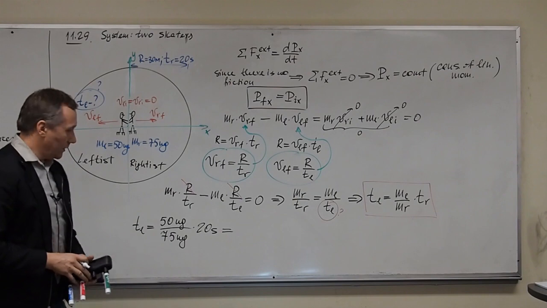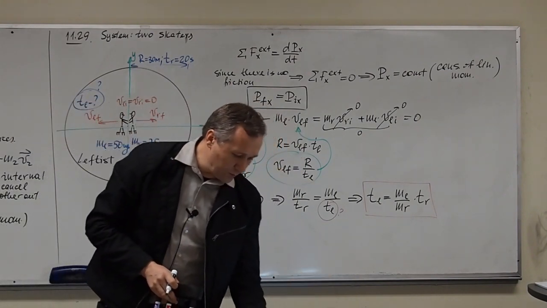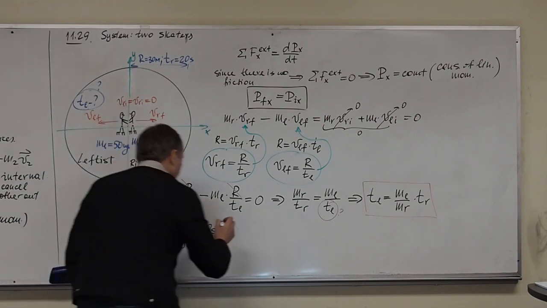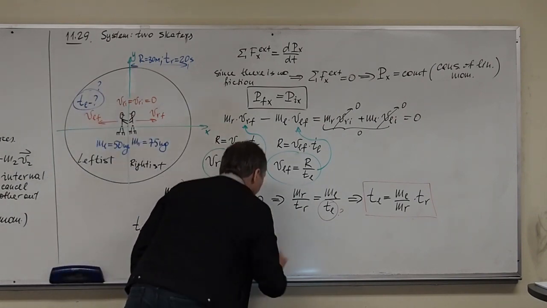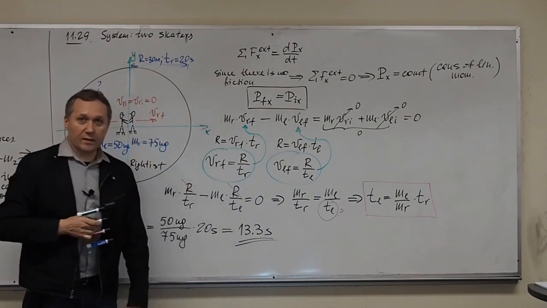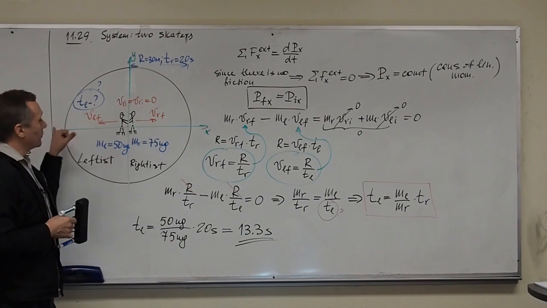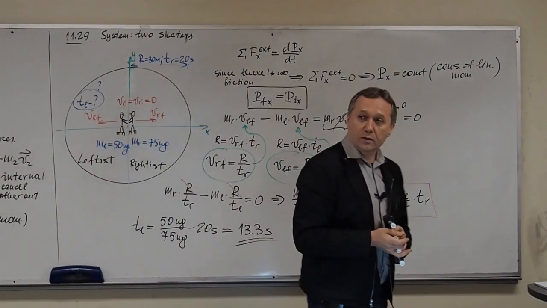Okay, if you calculate, I will look at my notes, it is 13.3 seconds. So that's the final answer. So that's how much time it takes for the leftist to reach the edge of the ring. Right. So that's the problem.